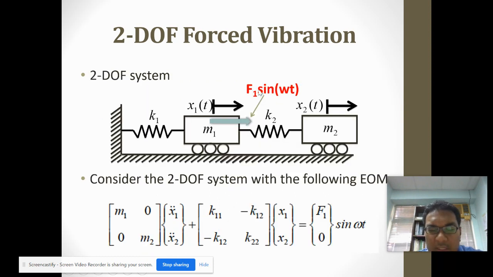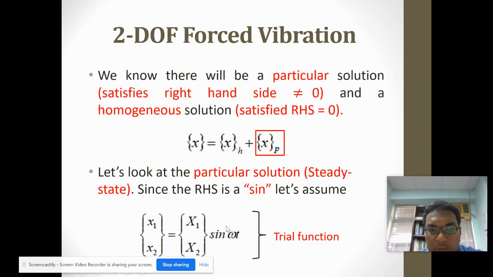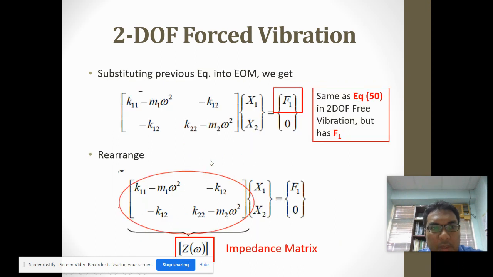This lecture is given by a sine force, so the trial function is also sine, so that when we do the derivation later, we can cancel out the sine. When we substitute into the equation of motion, we can get it in this form.